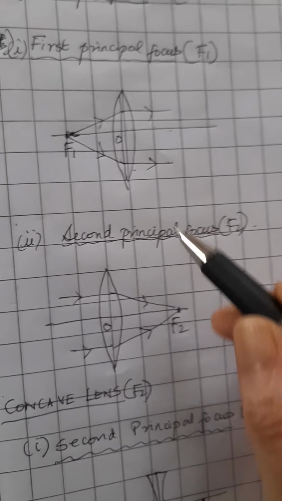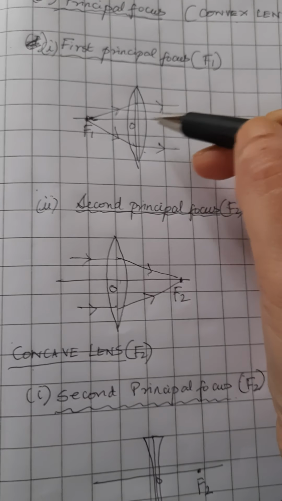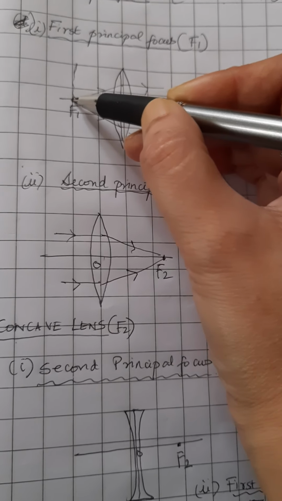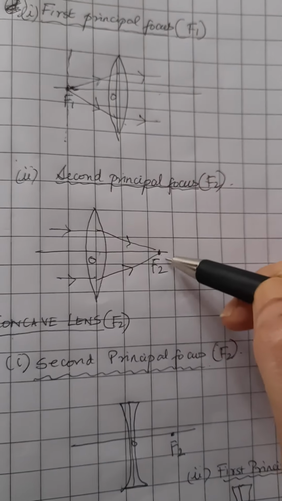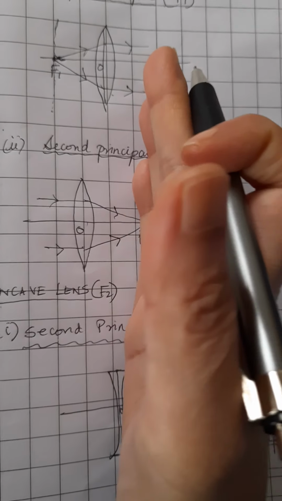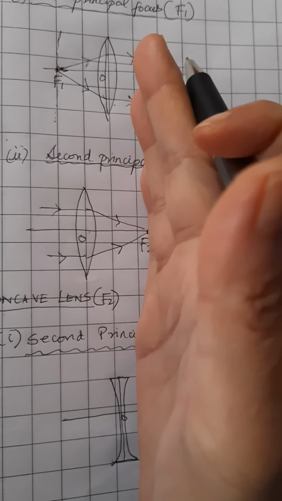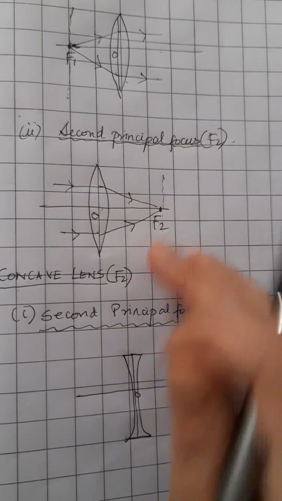So this is for the convex lens. But for the concave lens, it is going to be slightly different. Now, if you imagine that there is a plane at this point F1 and this point F2, then this plane is called the focal plane. Imagine if there is a plane here at the focus, then this is going to be the focal plane.